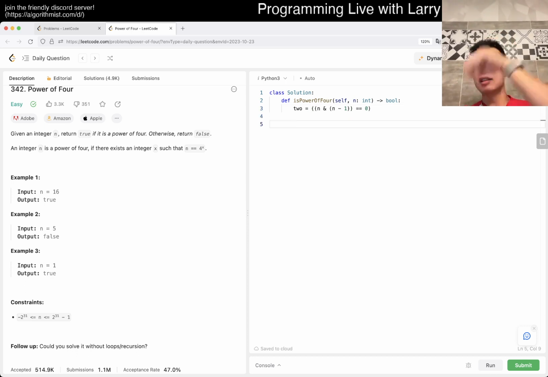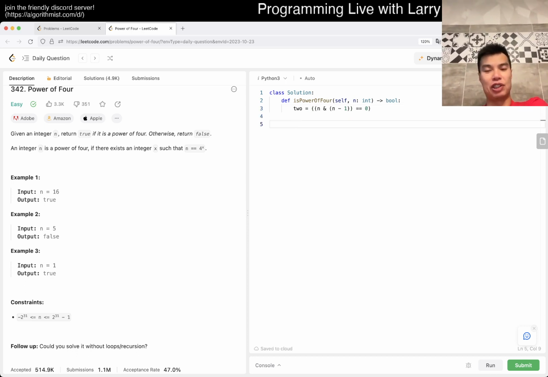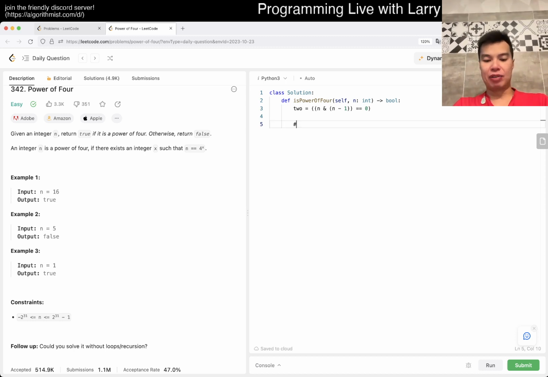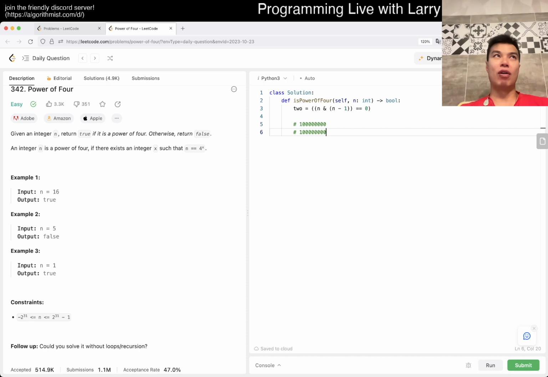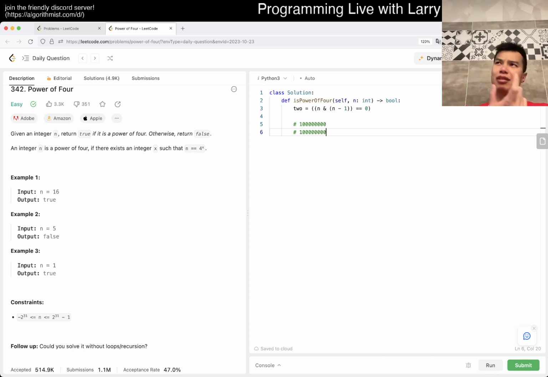Can we convert that to a version with 4? Basically a power of 2 looks something like this, and a power of 4 is also something like this, except it has to be a power of 2 first, but then it also has an even number of zeros behind it.